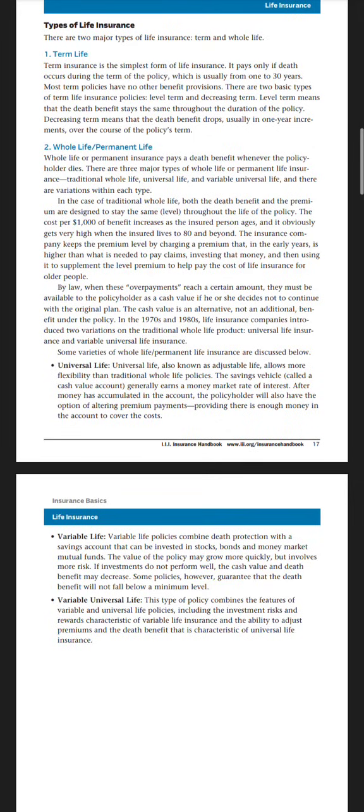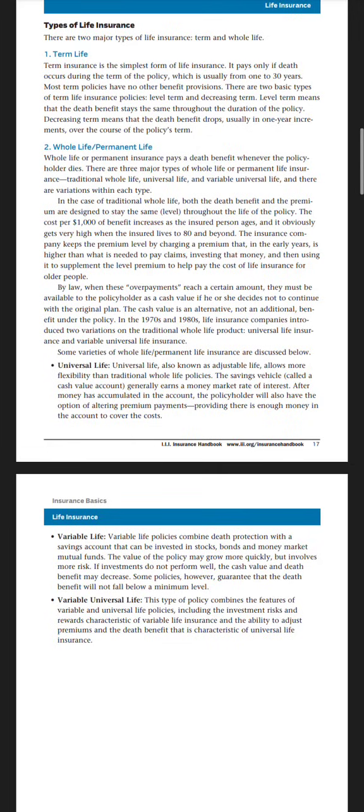By law, when these overpayments reach a certain amount, they must be available to the policyholder as a cash value if he or she decides not to continue with the original plan. The cash value is an alternative, not a traditional benefit under the policy.